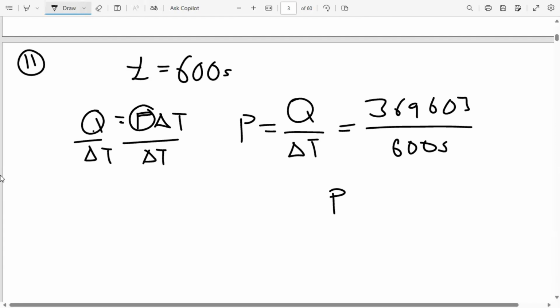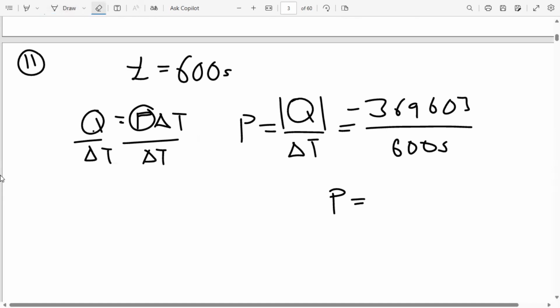So the rate at which this water is losing energy will be equal to 36,960 divided by 600 seconds. If you want, you can put a negative there just to show that the power is acting in a negative way, removing energy at this rate. But to avoid this confusion, we always apply absolute values here.